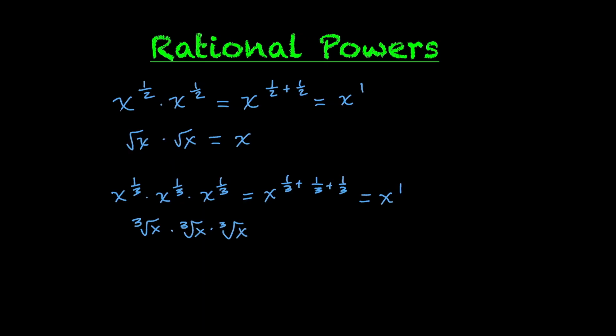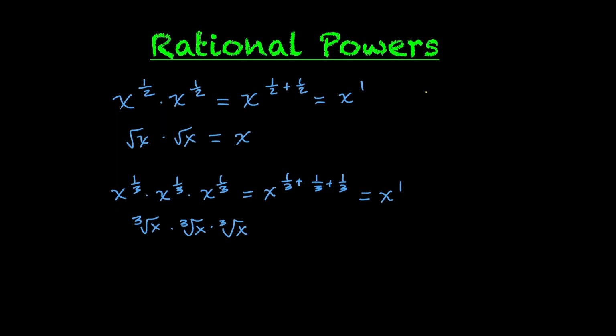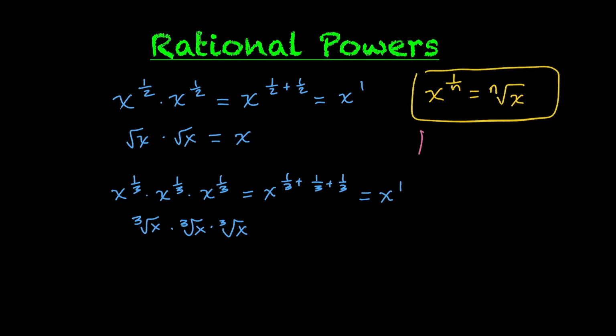So x to the 1/3 should just be a cube root of x. So in general, this gives us the rule that x to the 1 over n is the same thing as the nth root of x. So for example, if we had x to the 1/4, this would just be a 4th root of x. And this rule works in both directions. If we had a 7th root of x, this is the same thing as x to the 1 over 7.